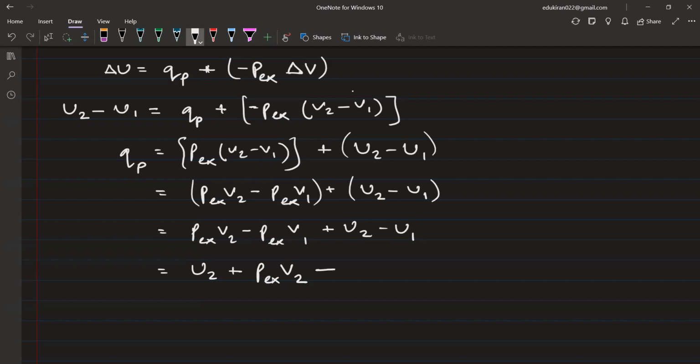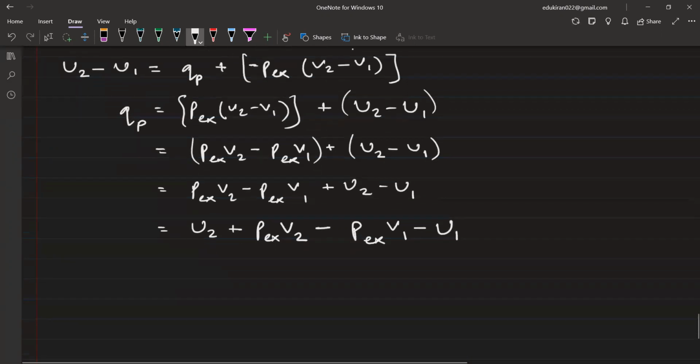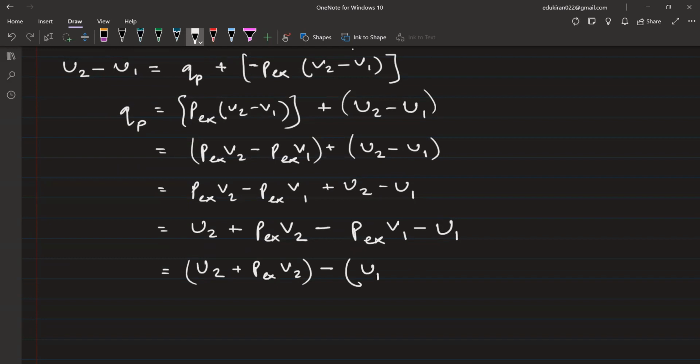Okay, and then we have minus P external V1 minus U1. Correct? Now I'm going to take this as common, U2 plus P external into V2. यहाँ पे दोनों में से माइनस कॉमन ले लिया हमने, तो दिस विल U2 आपका U1 क्या हो जाएगा आपके पास, पॉजिटिव U1, एंड P एक्सटर्नल भी क्या हो जाएगा आपके पास, पॉजिटिव P एक्सटर्नल into V1.